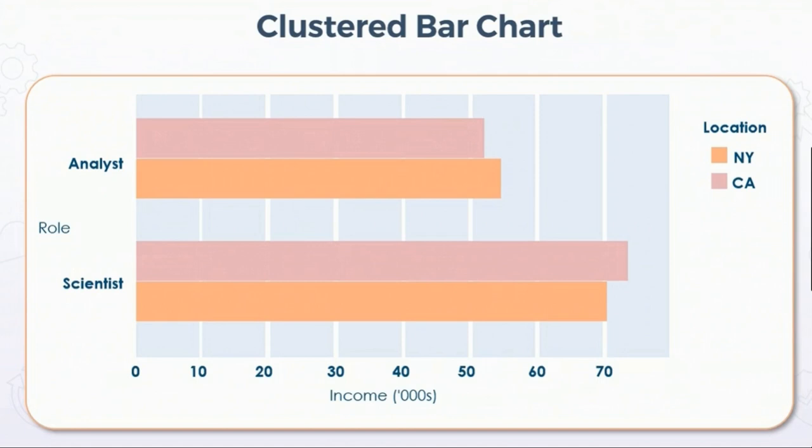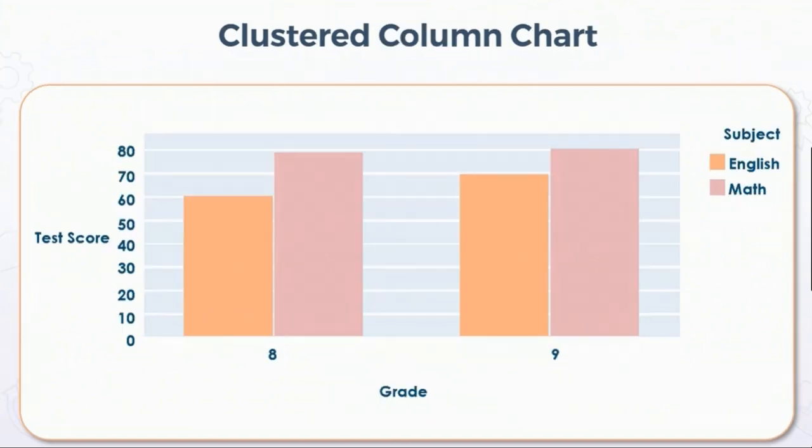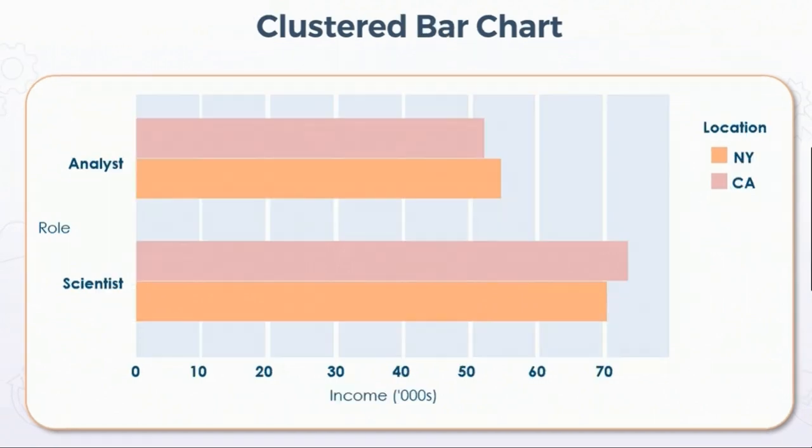It's a bar chart, so we are using horizontal here, vertical here, and horizontal here. It's showing information about two locations, New York and California, and the jobs for analysts and scientists in the two locations are given. We can easily see that in California we have more roles for scientists than analysts, and more than New York.